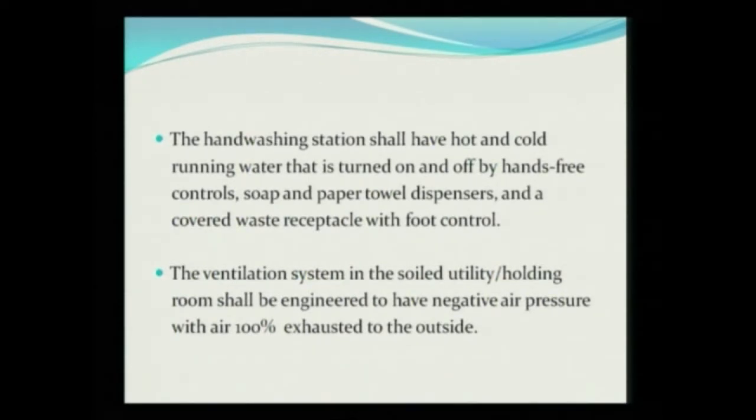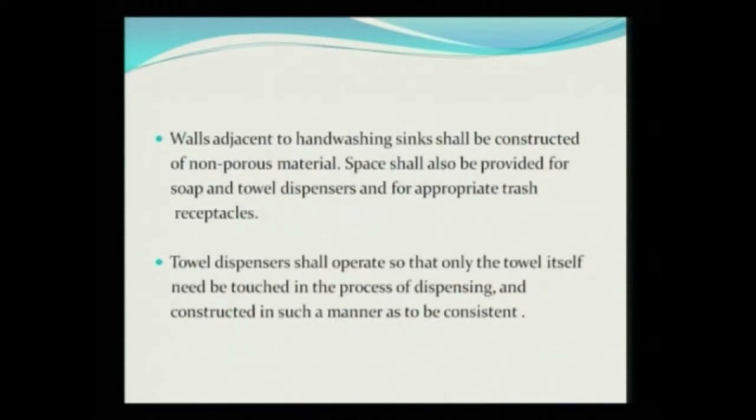The hand washing system shall have both hot and cold water, and it should be engineered so that an effective ventilation system is in place. Space should be provided for soap and towel dispensers.